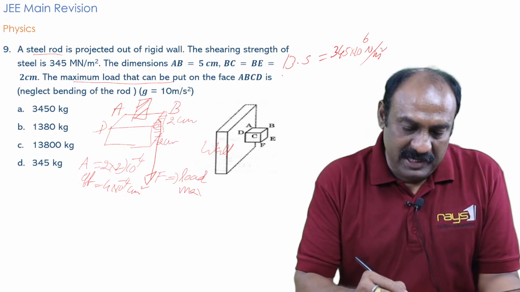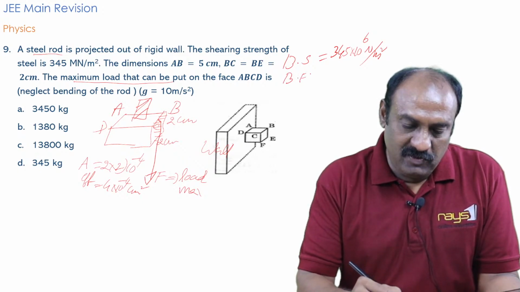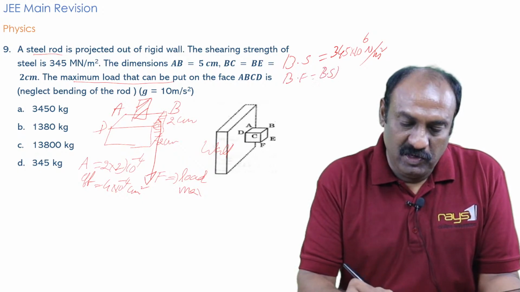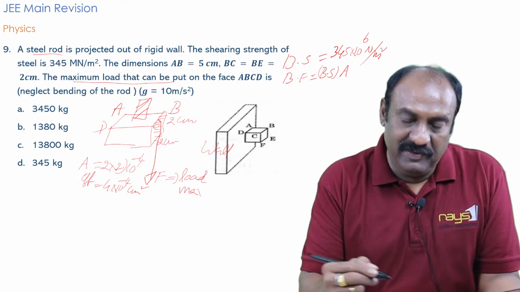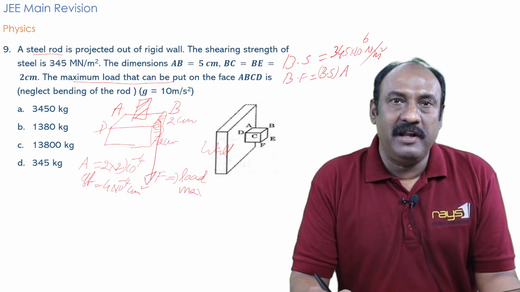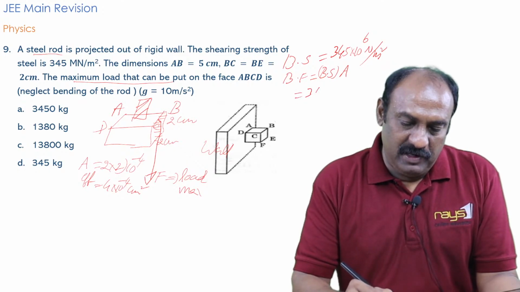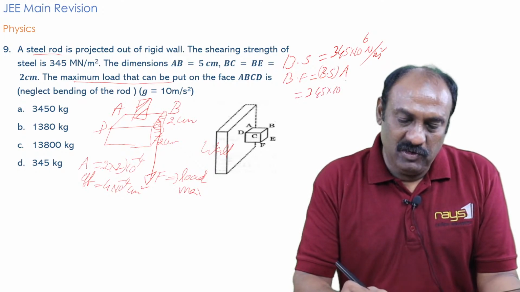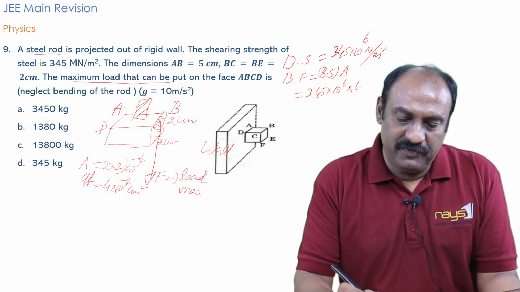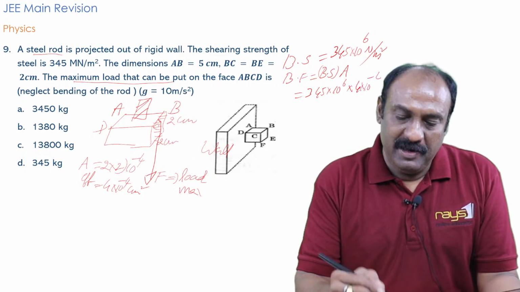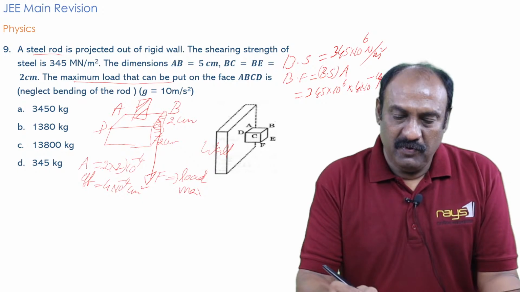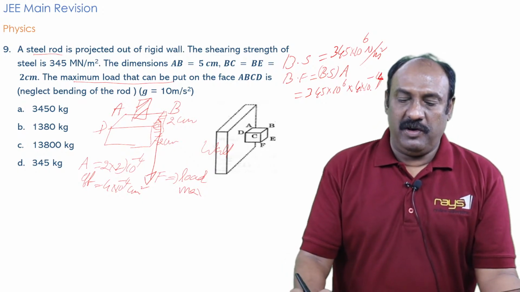Therefore, breaking force is equal to breaking stress into area of cross section at which this force or load is applied. So breaking stress is 345 into 10 to the power 6, into area of cross section 4 into 10 to the power minus 4.